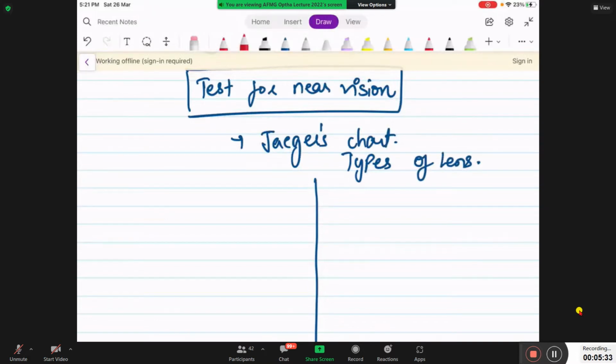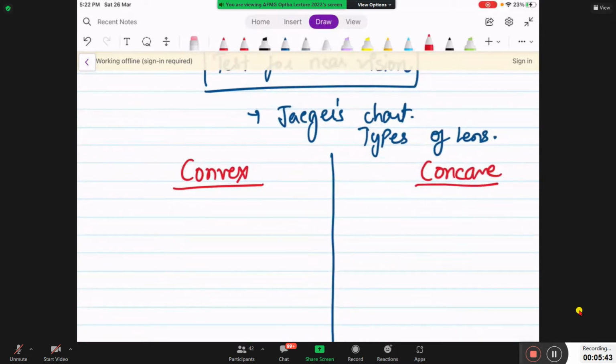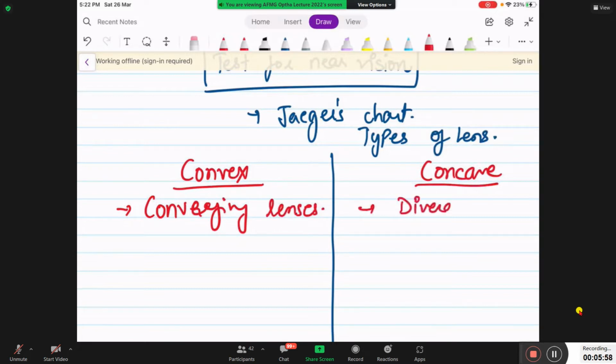The first one which we will discuss is the convex lens, and the other one is the concave lens. Remember, these convex lenses are the converging lenses, whereas these concave lenses are your diverging lenses.